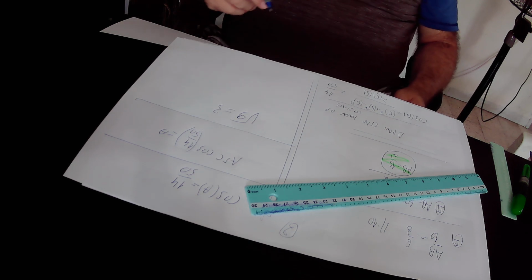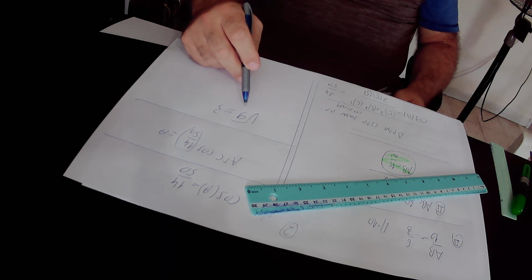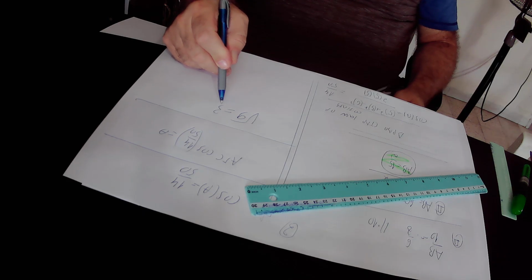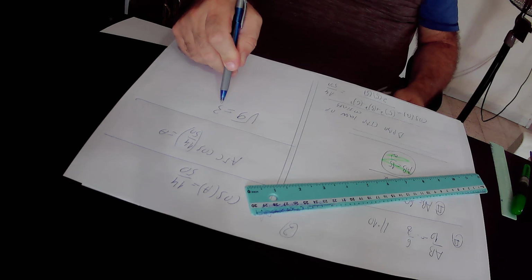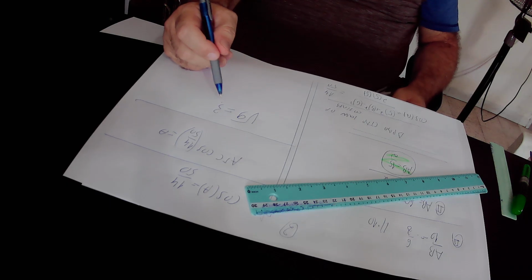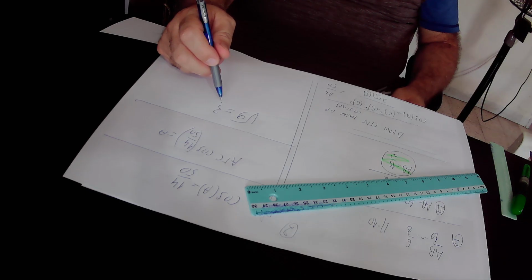Now, if we want to get the original number 9, we have to operate on the result 3 the inverse function of the root.